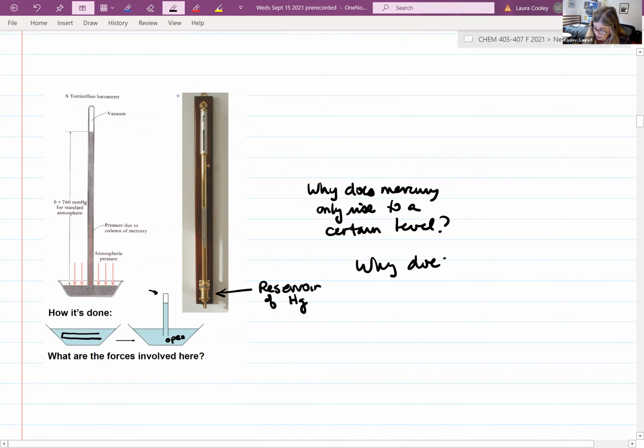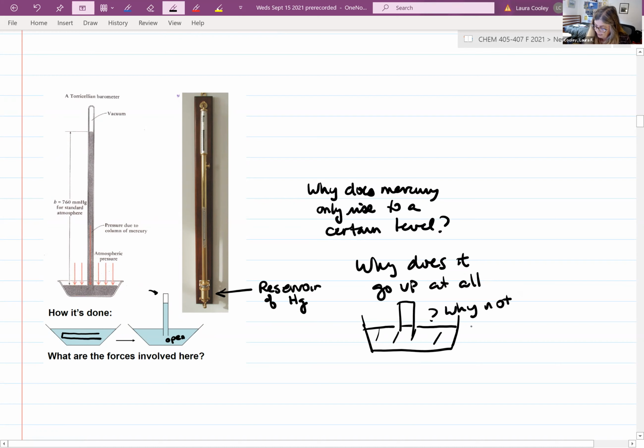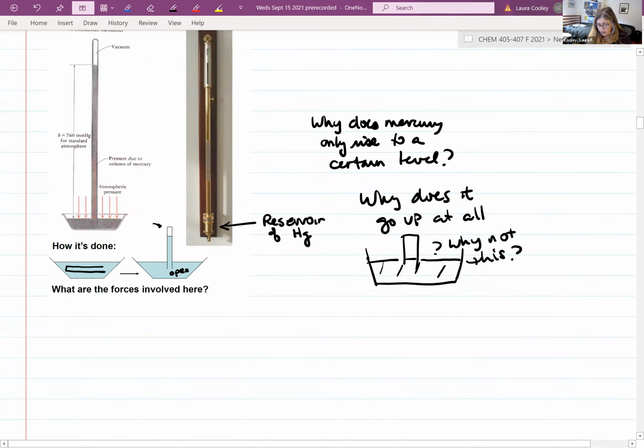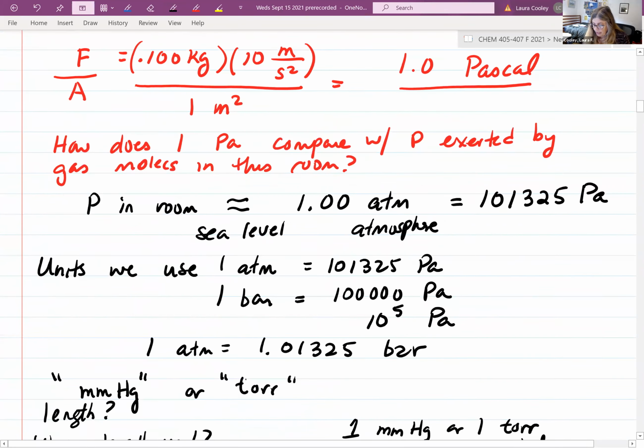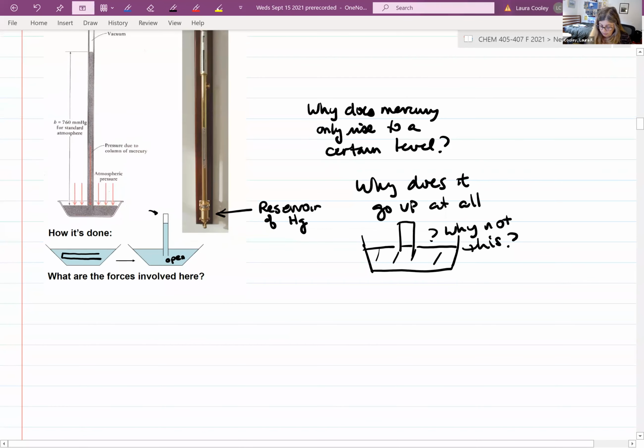Why doesn't it just sit here with the same level here? So why not this? Okay, and so in order to answer this question, we have to think about the forces that are involved.